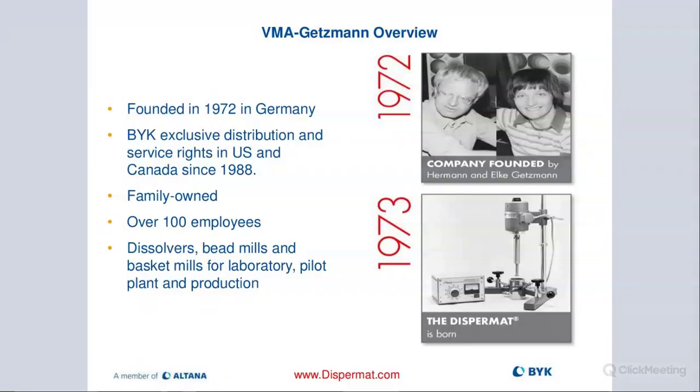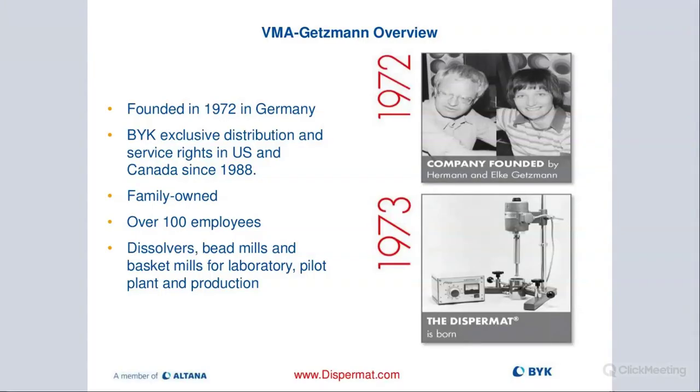And Herman actually is still visiting the company about once a week, just to make sure that things go well and that the designers are still following his design philosophy. So the company is managed today by his two children, Christian Goetzman and Martin Goetzman. They're both running the company. Christian is more on the sales side, he's the CEO, and then Martin is more on the financial side of the business.